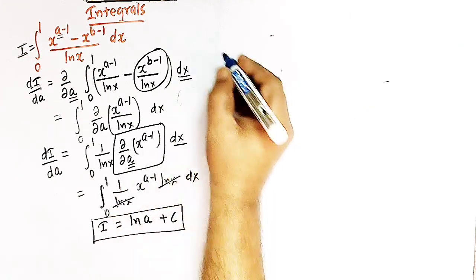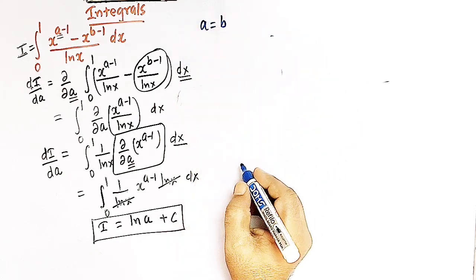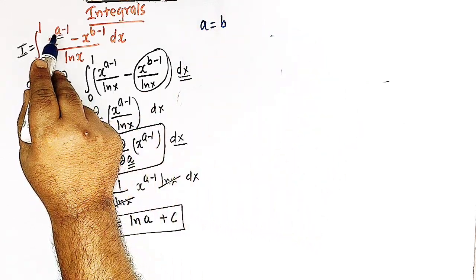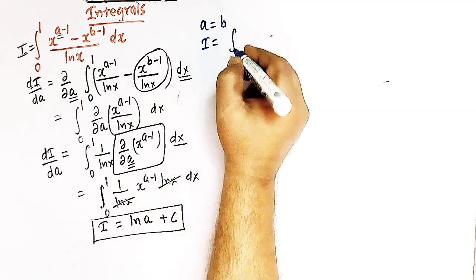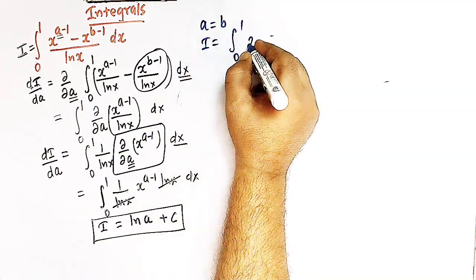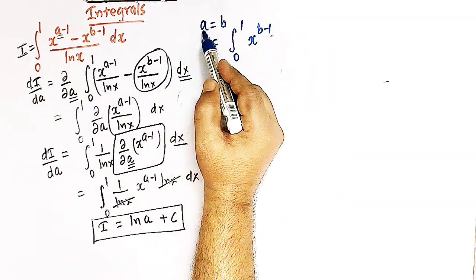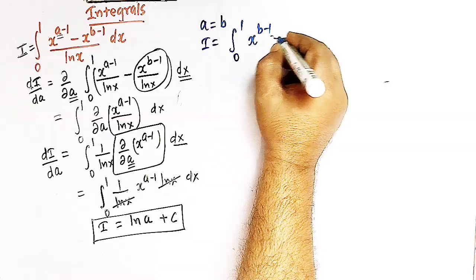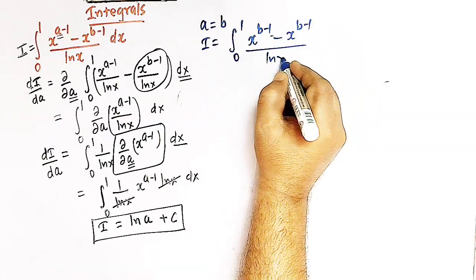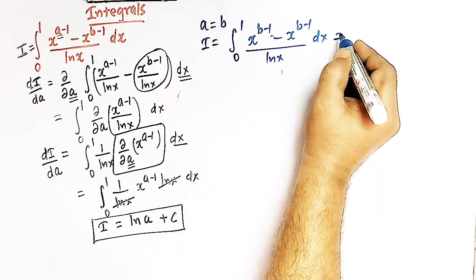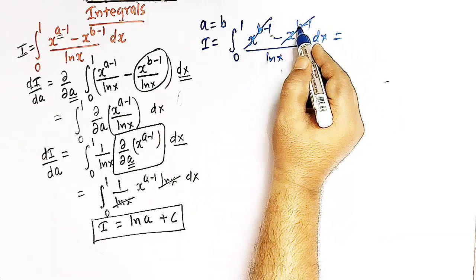So now let us make use of this condition, that is a is equal to b, and taking a is equal to b in this integral, we have I is equal to the integral from 0 to 1 of x raised to b minus 1, because we are taking a is equal to b, and here we have x raised to b minus 1 over natural log of x and dx, and now these two terms get cancelled, so here we have 0.